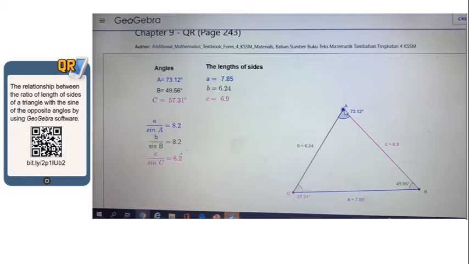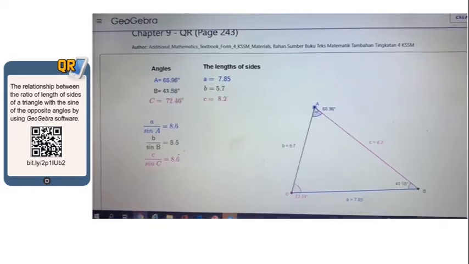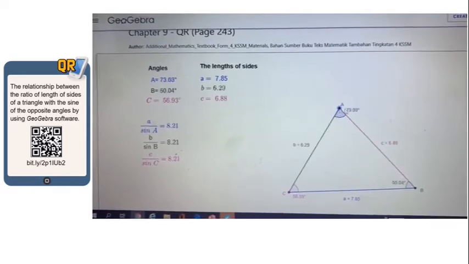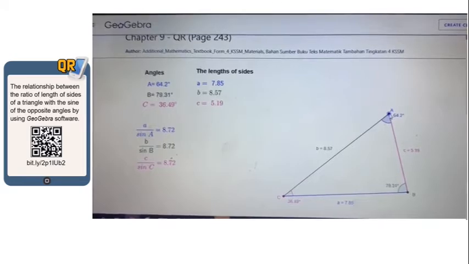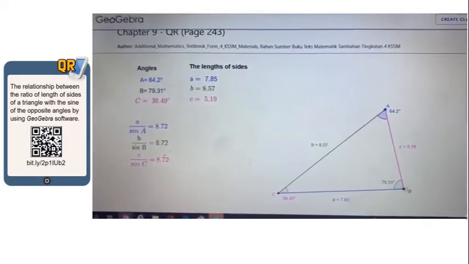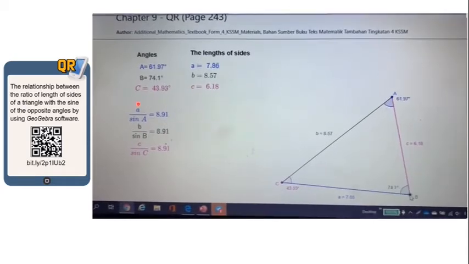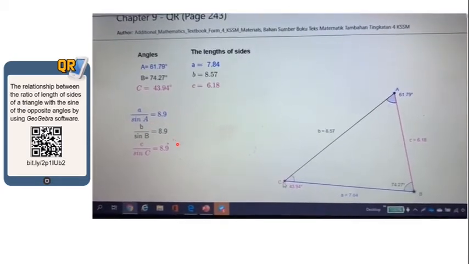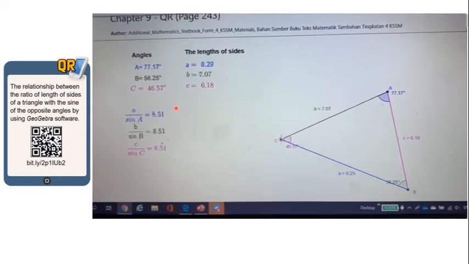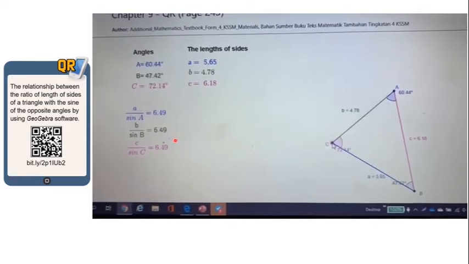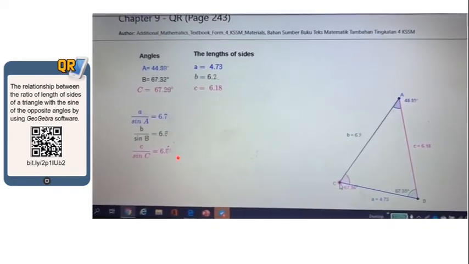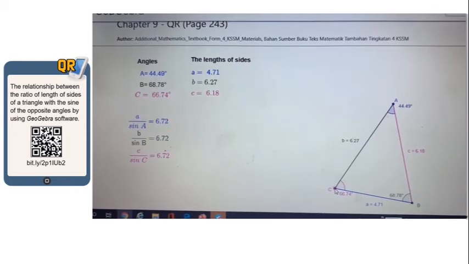If I drag vertex A, the size of the angle is different, but the ratio is always the same, no matter how I change vertex A, B, and also C.